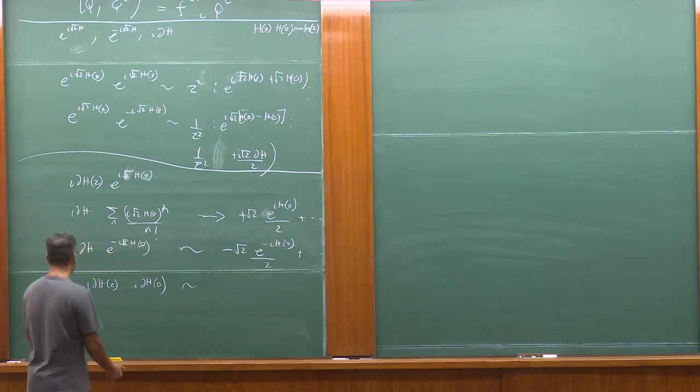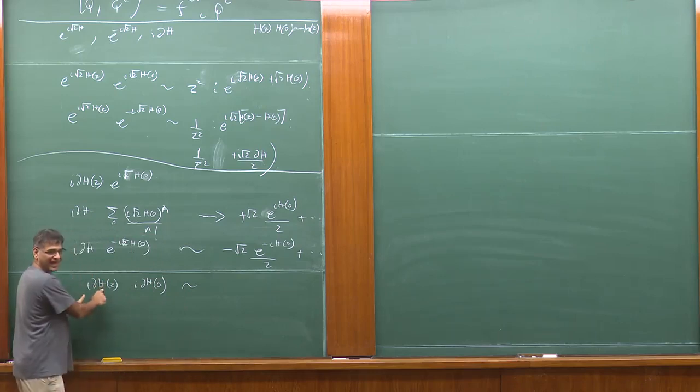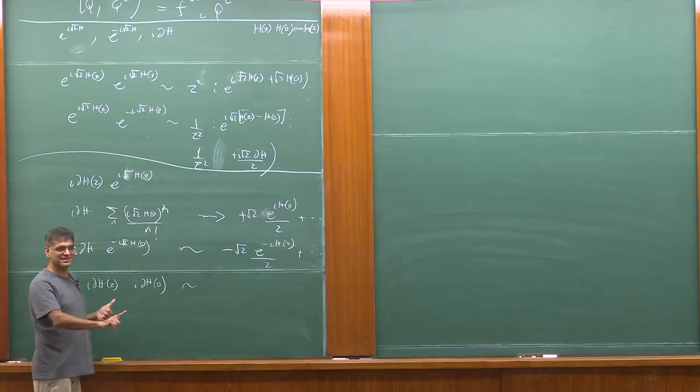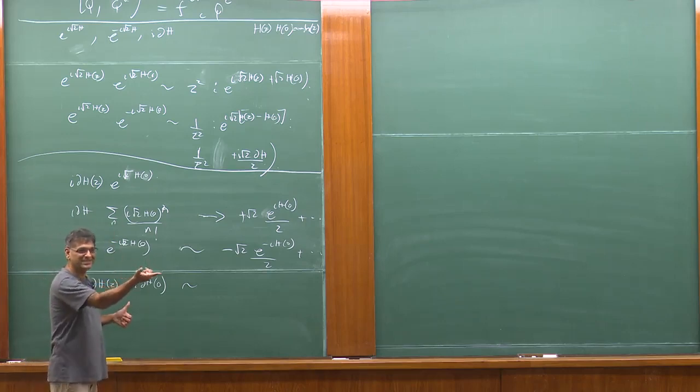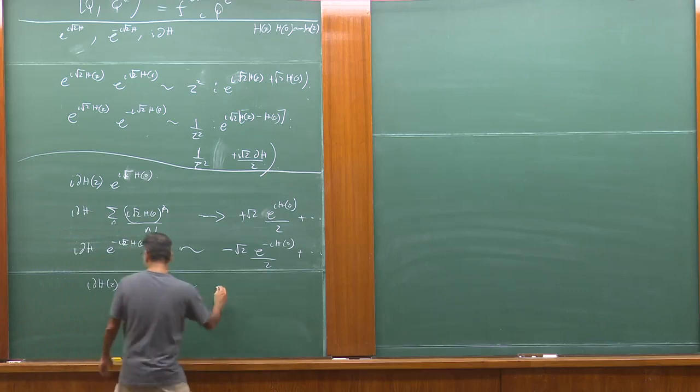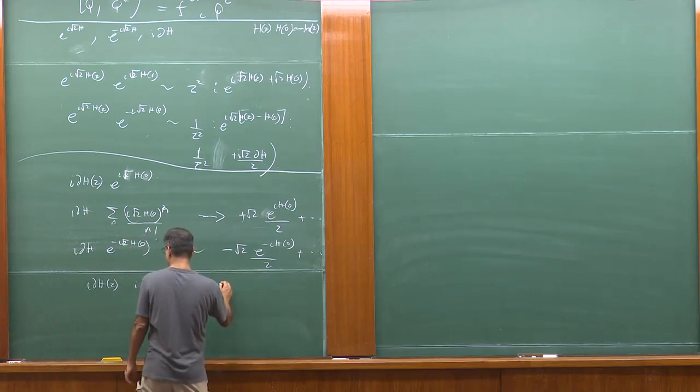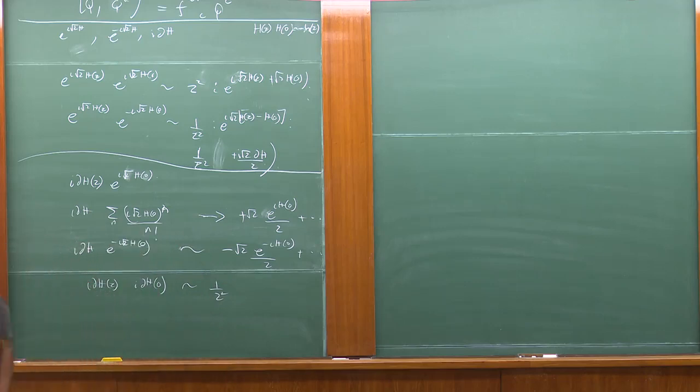Then we differentiate once on this guy, so that gives us a plus 1 over z, and then we differentiate on the other side, so there are 2 minus signs, so there are no minus signs. So we get totally 1 by z square. Okay, is this clear?